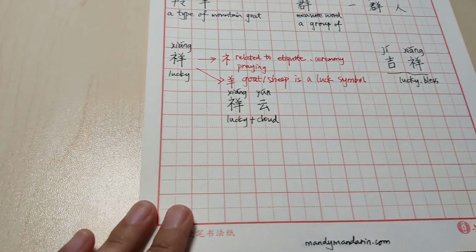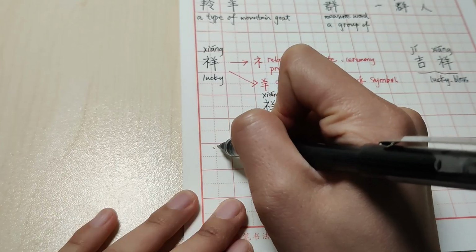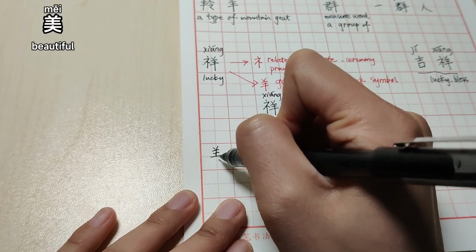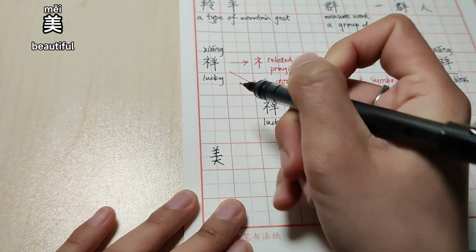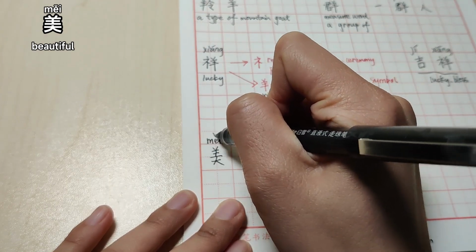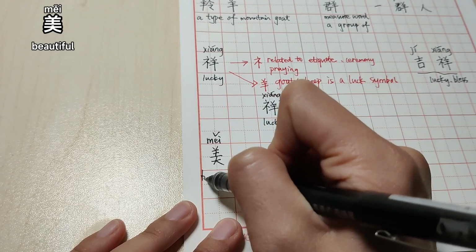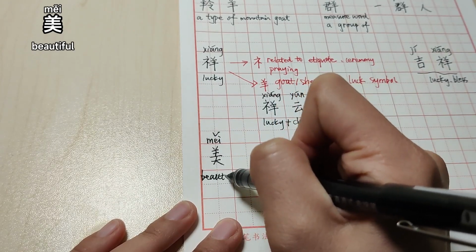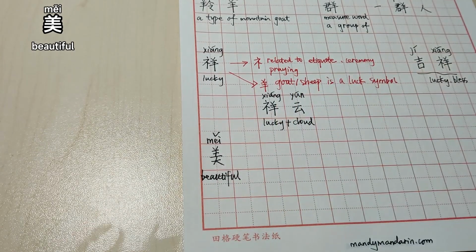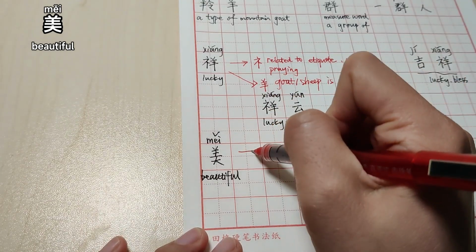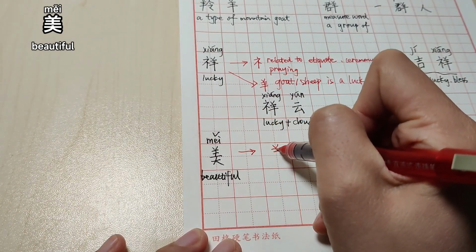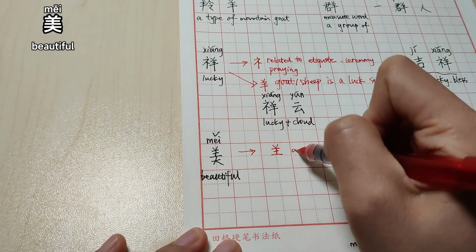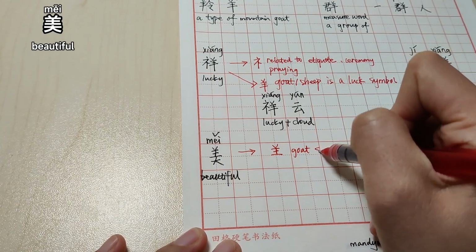Moving on to the next character. Mei. Mei, beautiful. So on top of the Mei, here we have the goat and sheep.